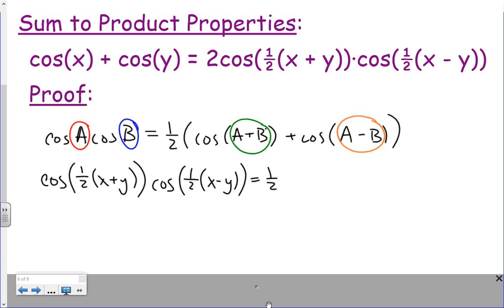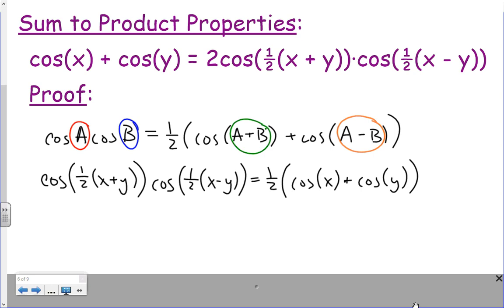A plus b, we said that was equal to x, so this is the cosine of x. And a minus b, we said we're going to let y equal a minus b, so this is plus the cosine of y.